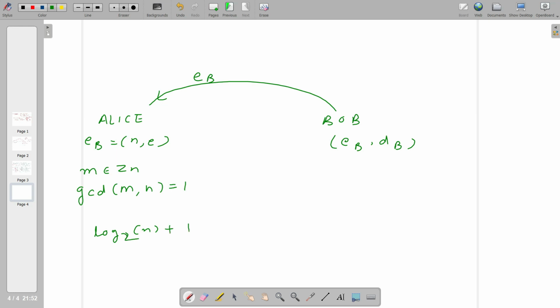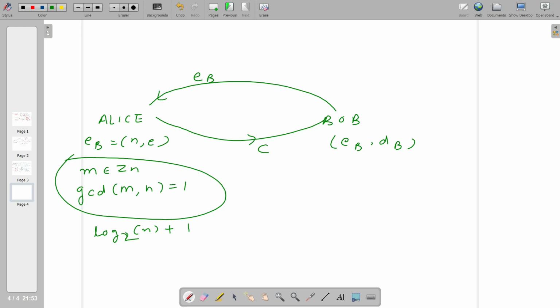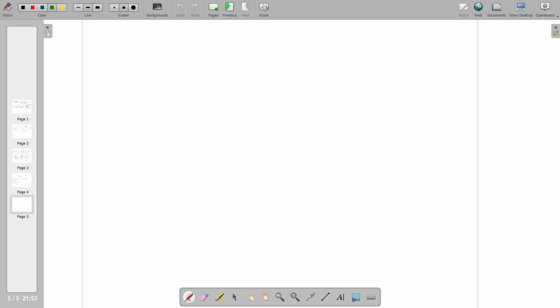We will discuss why we need this at the time of decryption. Now Alice will encrypt the message and send the ciphertext to Bob. Now what is the encryption, how is it going to encrypt, and what is the decryption, how is it going to decrypt. So, RSA encryption.